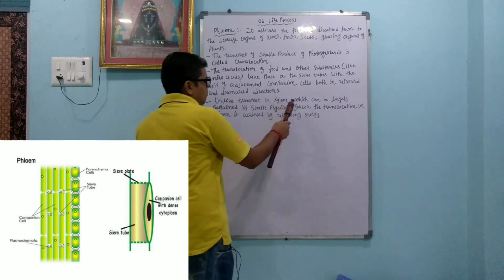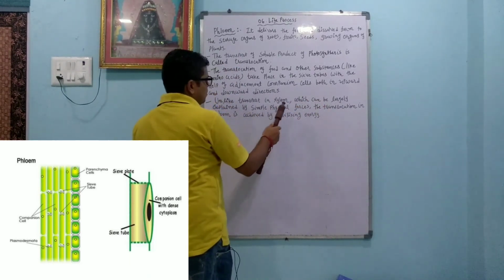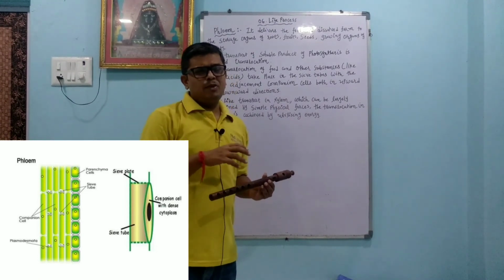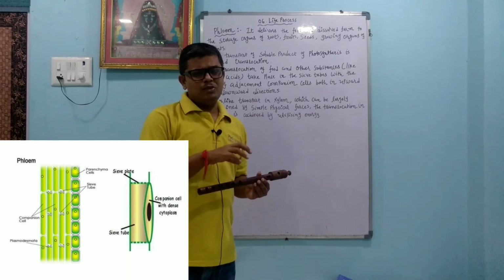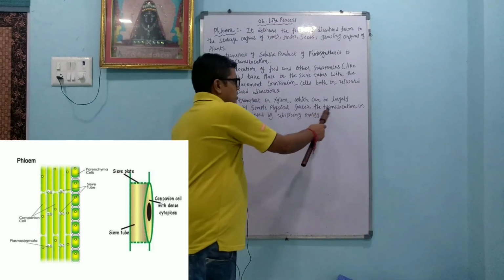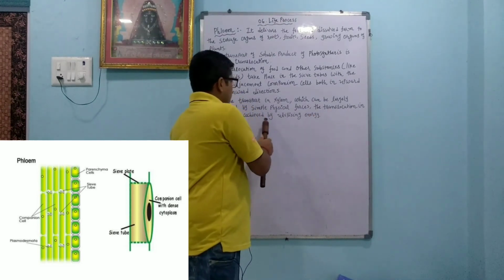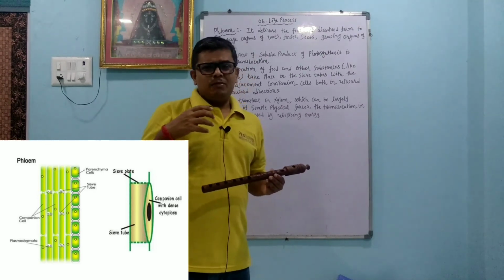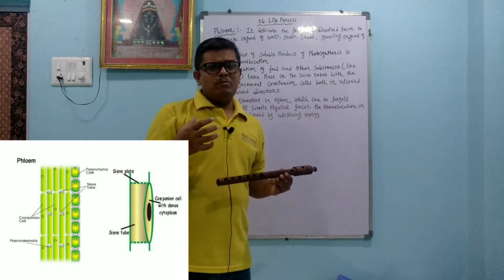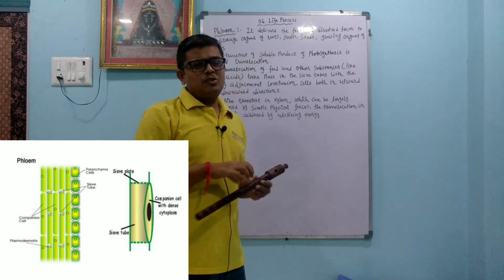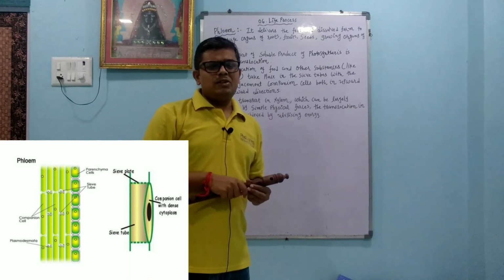Unlike transport in xylem, which can be largely explained by simple physical forces, the translocation in phloem is achieved by utilizing energy. So translocation in the plant by the phloem takes place by utilizing energy. This is all about the transportation and translocation in the plant by xylem and phloem.